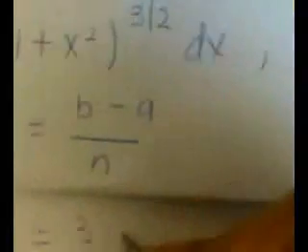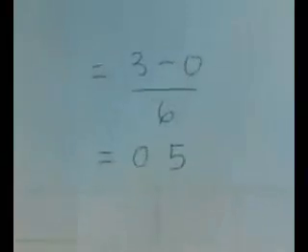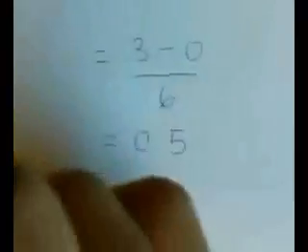Now, let us try the question. Integrate from 0 to 3 of bracket 1 plus x squared to the power 3 over 2 dx, where n is given as 6. So, to find h, where h equals b minus a over n, we have 3 minus 0 divided by 6, which gives you 0.5.